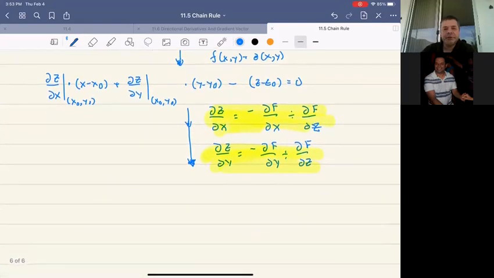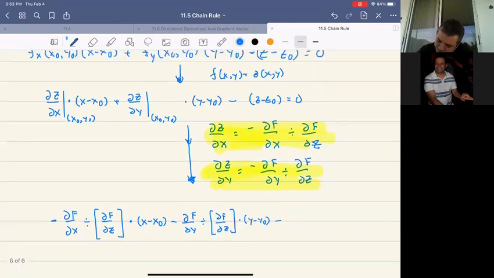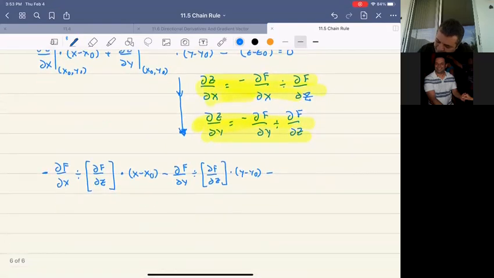So now if you do that, you're going to get negative partial f with respect to x divided by partial f with respect to z, times x minus x0, minus partial f with respect to y divided by partial f with respect to z, times y minus y0, minus z minus z0 equals 0.